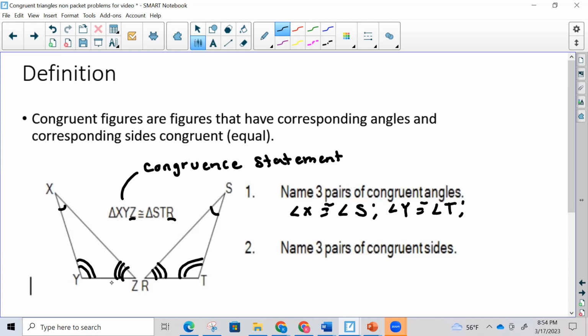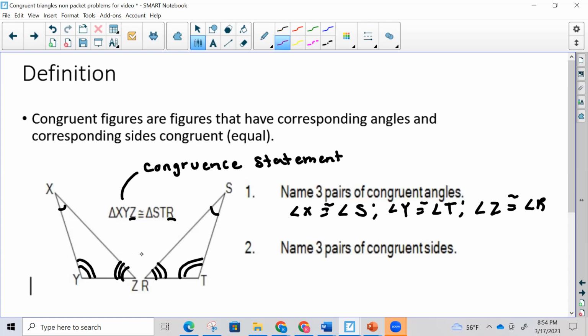Just make sure they have the same markings on the corresponding angles. So angle Z is congruent to angle R. And so these parts are called corresponding parts. They're the parts that are congruent. So X and S are corresponding angles, Y and T are corresponding angles, and Z and R are corresponding angles.